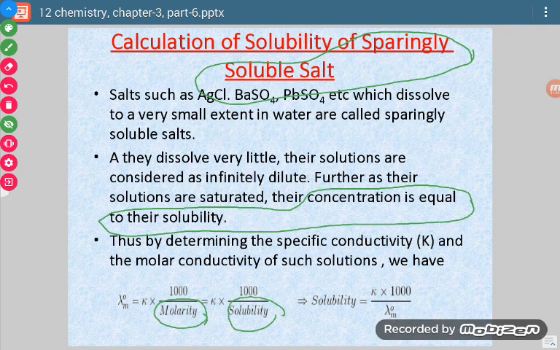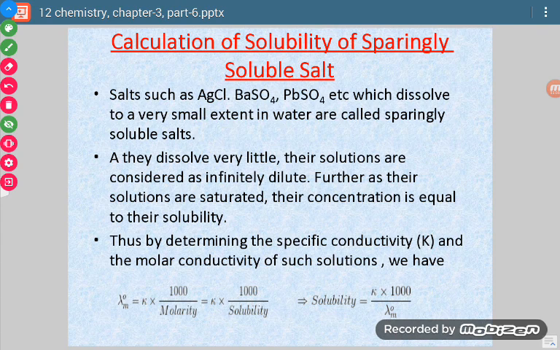So limiting molar conductance is equal to kappa into 1000 divided by solubility, and since solubility is to be calculated, our formula becomes solubility is equal to kappa into 1000 over limiting molar conductance. So from limiting molar conductance and conductivity value, we can calculate the solubility.